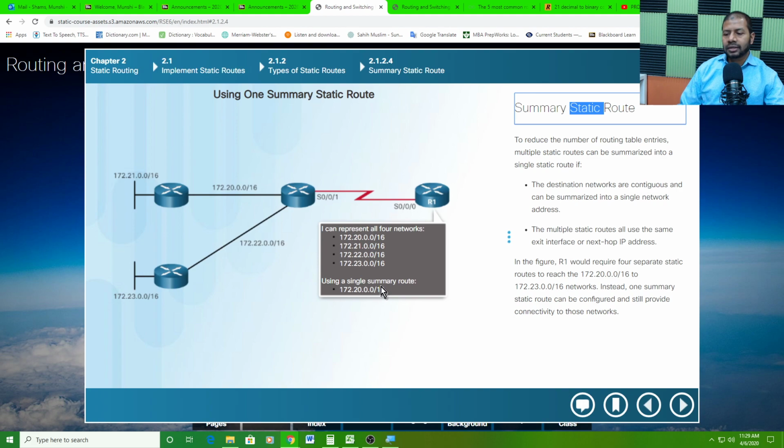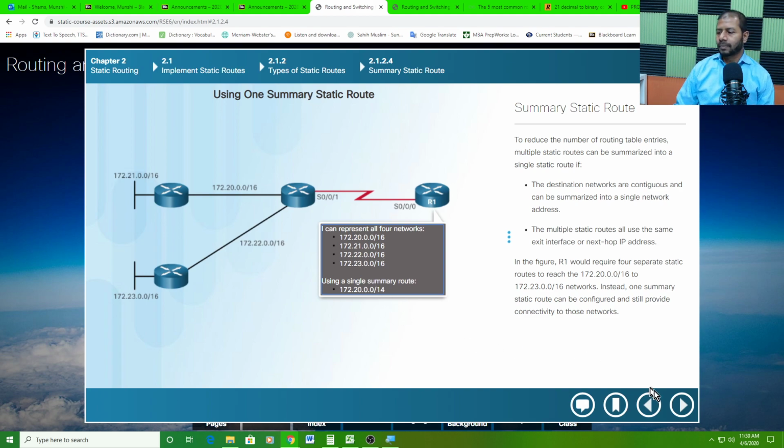So these all 4 networks can be summarized to 172.20.0.0 with a 14-bit mask. That's called a summary static route. Instead of writing all 4 lines, you can write just one line.